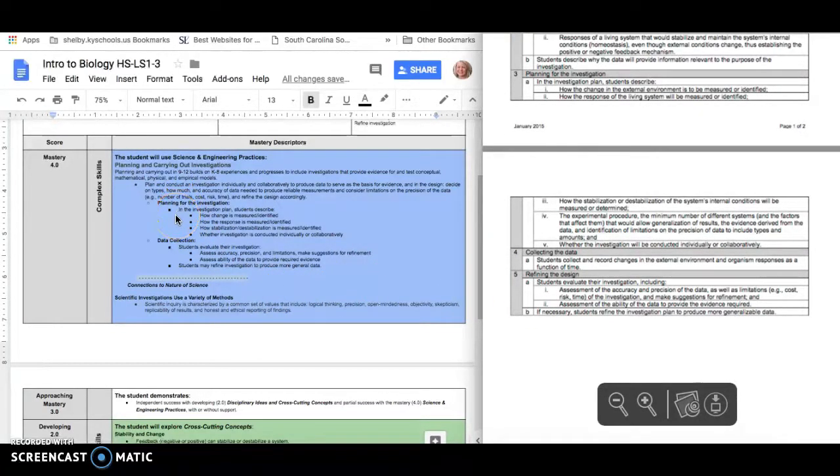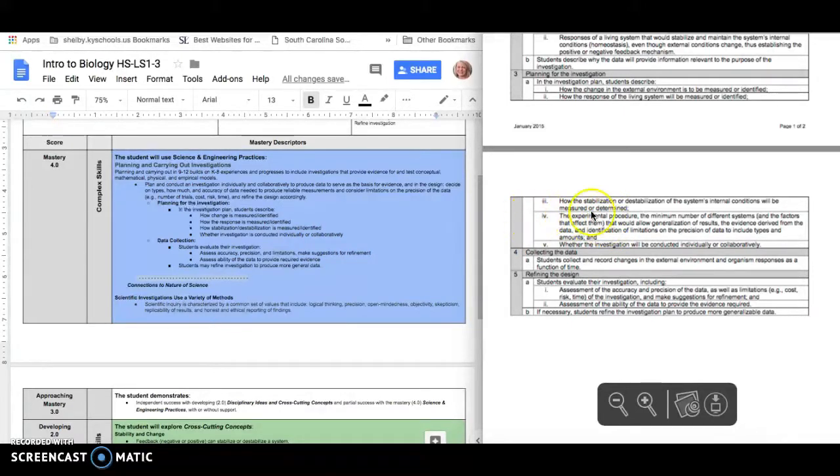Then in the investigation plan, which comes from this portion here, I have taken a shorthand because I don't know that we have to be as wordy as it is here. In the investigation plan, students describe how change is measured and identified, how response is measured or identified, how stabilization, destabilization is measured, identified, whether investigation is conducted individually or collaboratively, which is here.